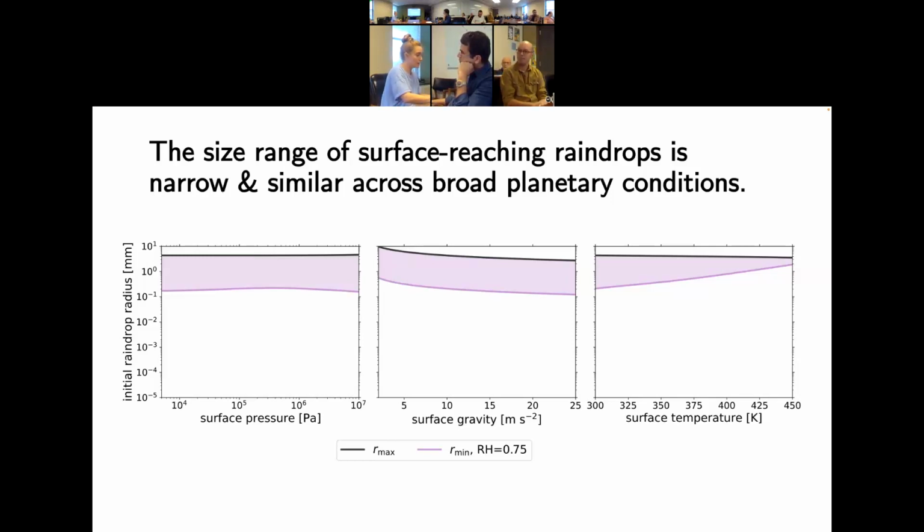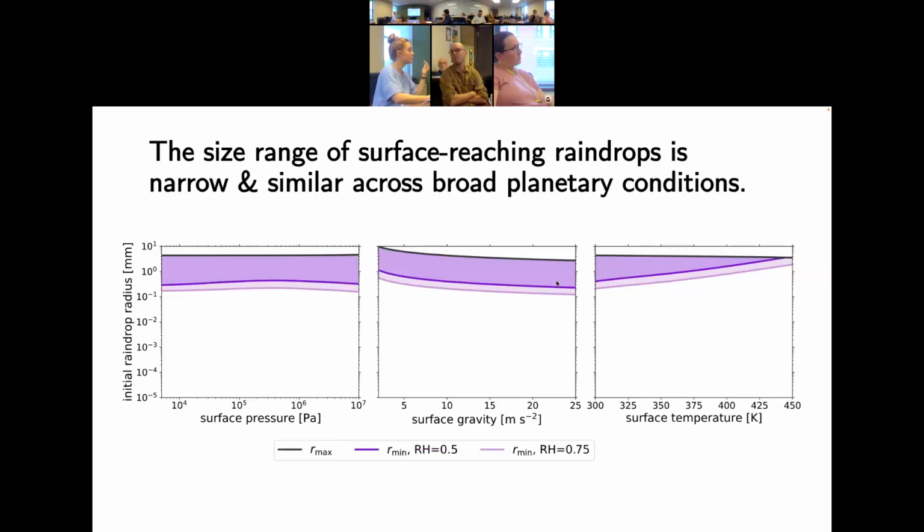So this is showing the lower bound for 75% surface relative humidity, and the shaded region between is the size range of surface-reaching raindrops under these conditions. We can also change the surface relative humidity, so I can add 50%, and we can see this gives us a tighter bound.